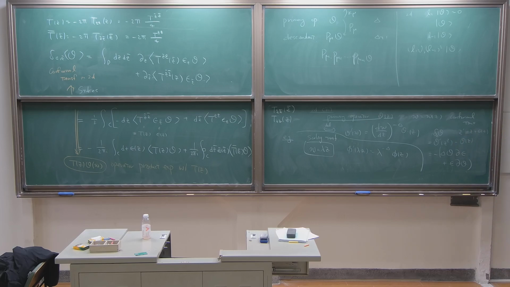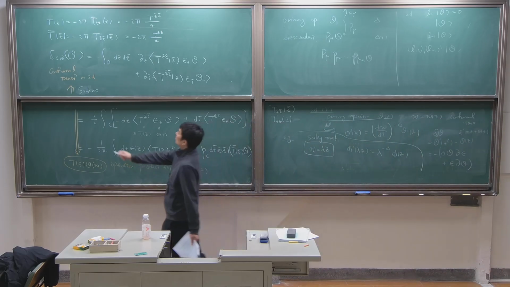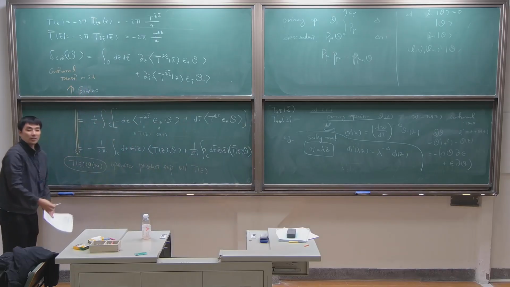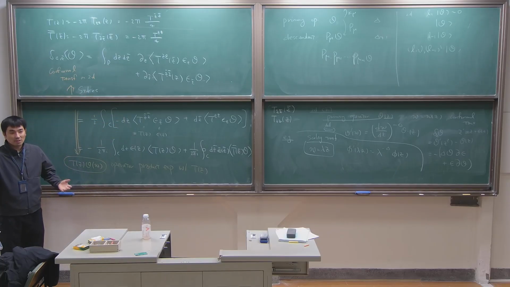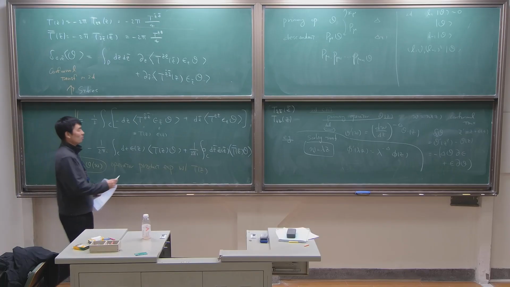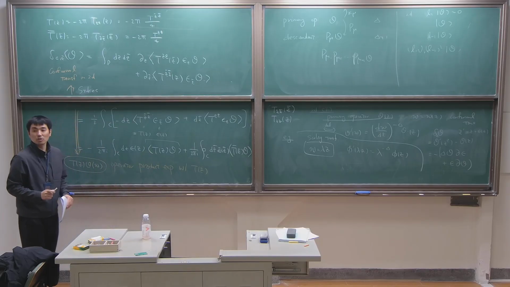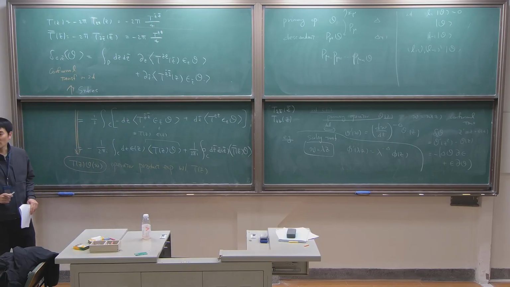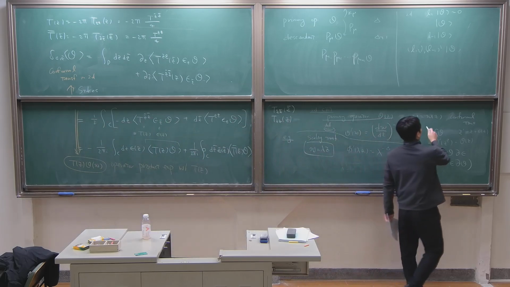Okay, so this is the variation of an operator. We know this variation can be obtained from the Ward-Takahashi identity, so let's derive that. What should the form look like? This is an infinitesimal transformation of the primary operator.